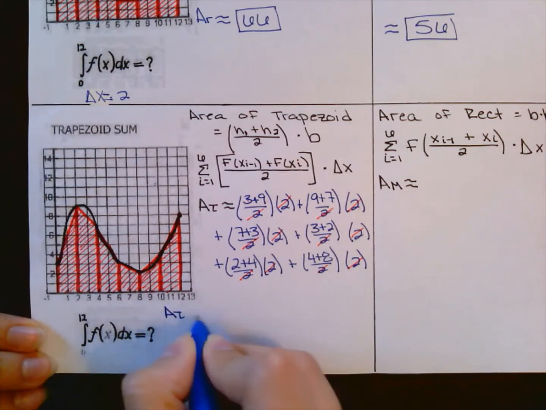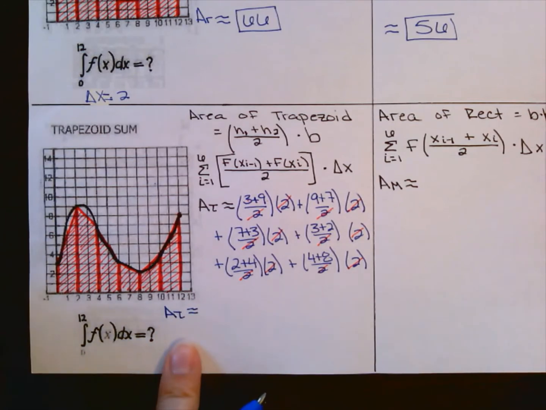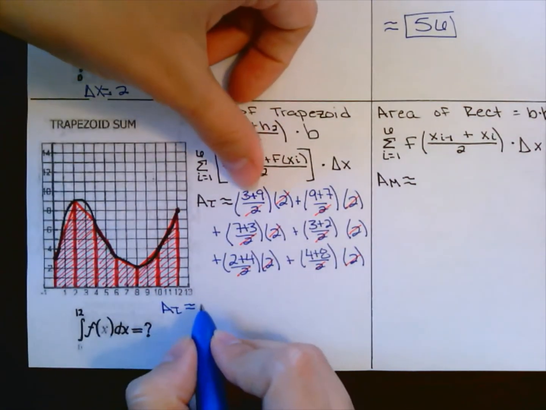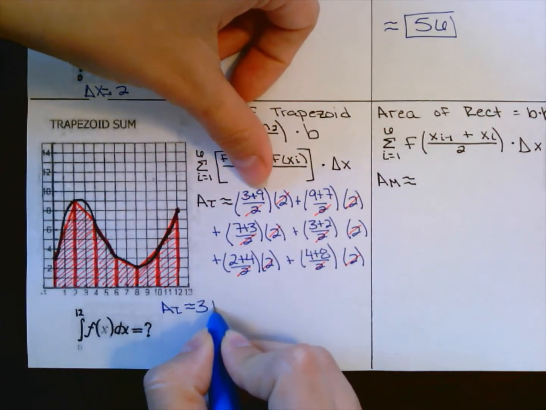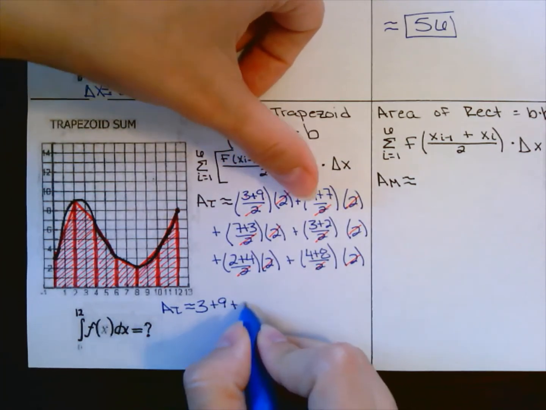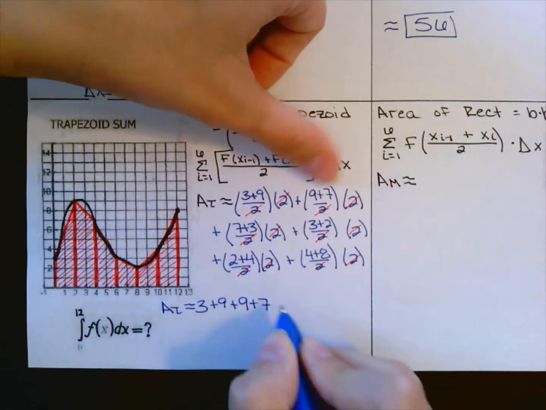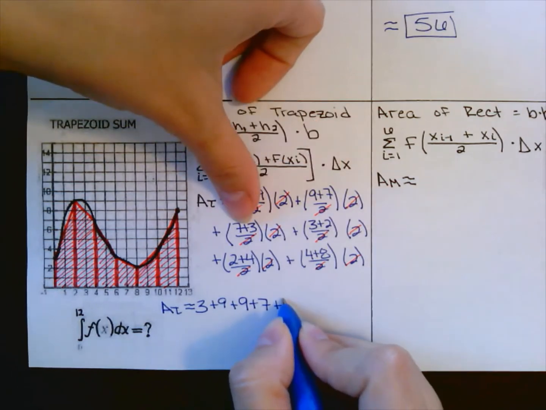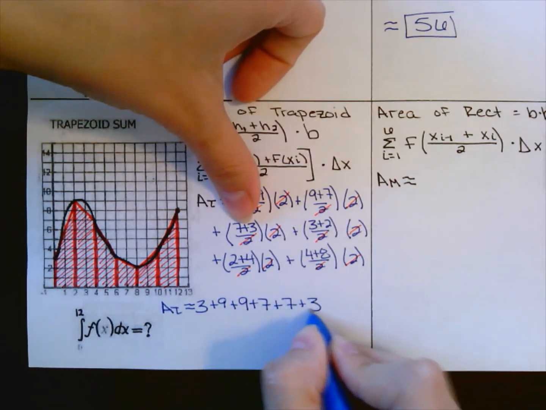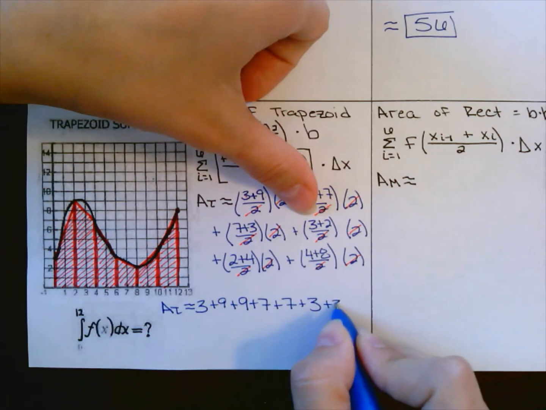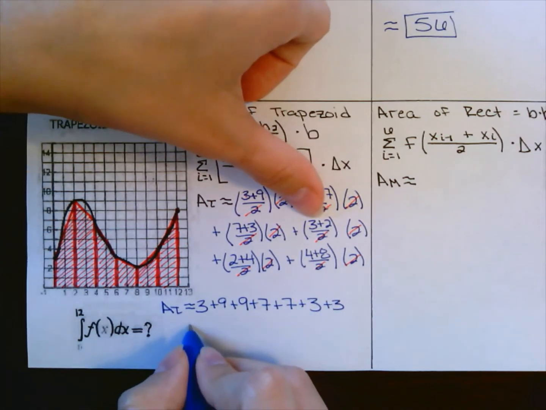Every time you do a Riemann sum according to a trapezoid, watch what's going to happen. I'm going to have the first number 3, and then plus 9, plus 9, plus 7. Now the next one plus 7, plus 3. The next one plus 3, coming down here, plus 2.